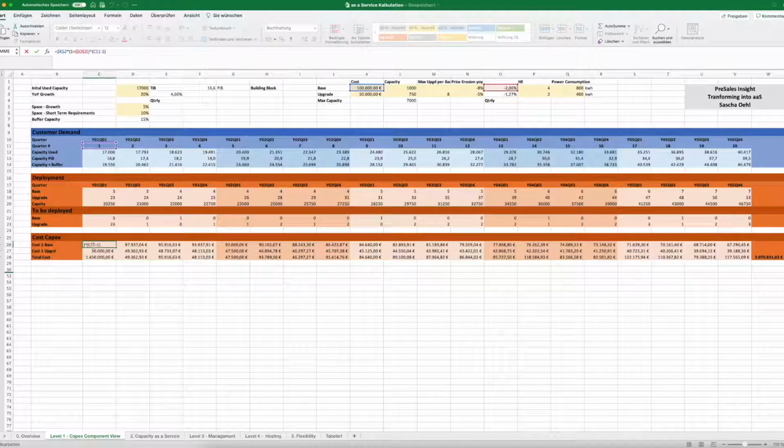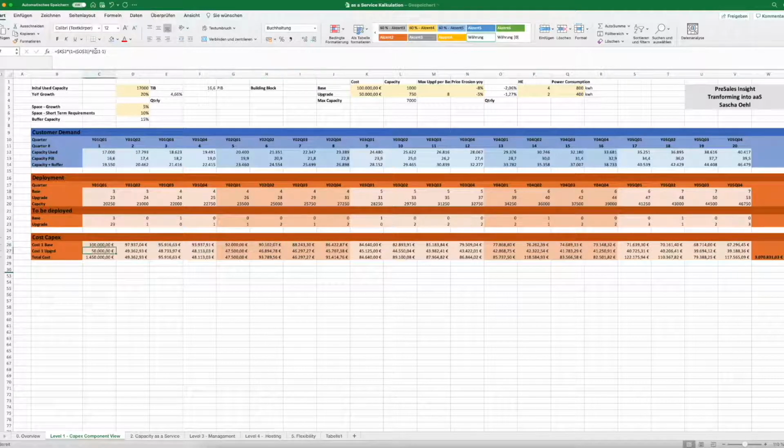We take the cost that we have in the beginning, the 100,000, multiply it with the growth, 1 plus minus 2.06, it's a negative growth, and power it up with quarter minus 1. This gives us a price of 100,000 in the first quarter, exactly as we have defined on top, and then the price goes down by 2.06% quarter by quarter. So in the 20th quarter, we would pay for the same base block like 67,000.